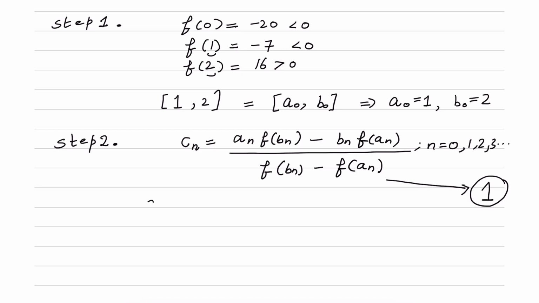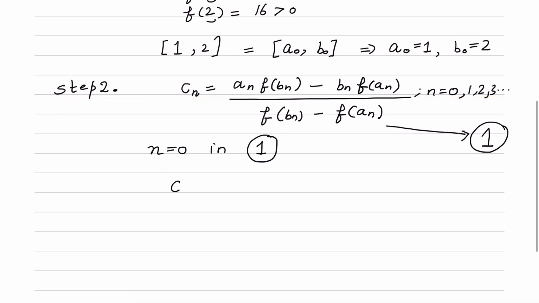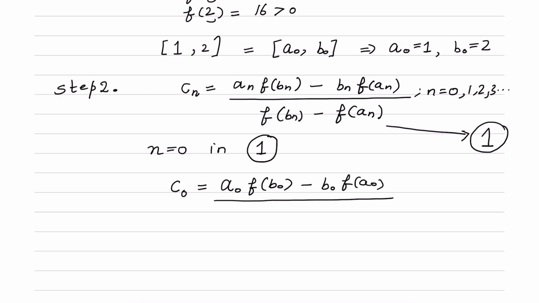Now when we put n equal to 0 in equation 1, we get C0 equal to (A0 f(B0) minus B0 f(A0)) whole divided by (f(B0) minus f(A0)).